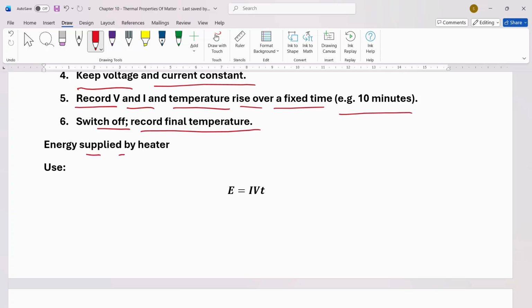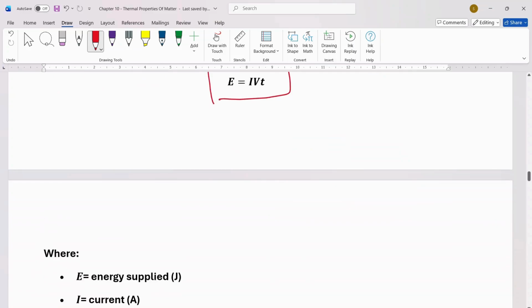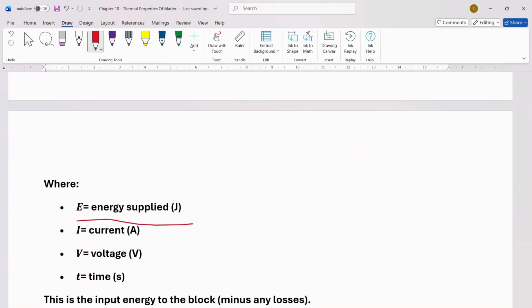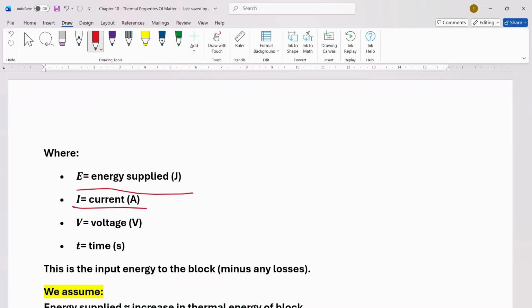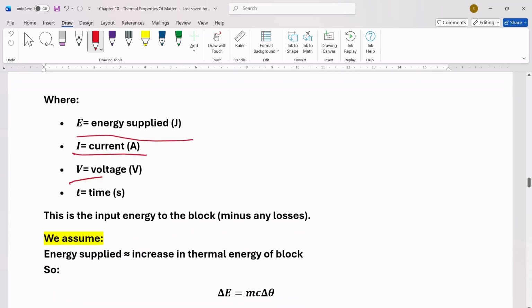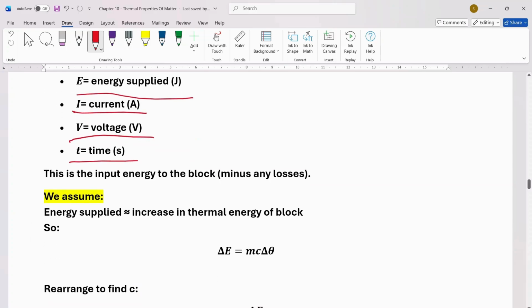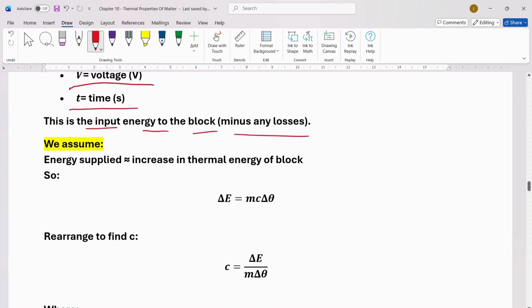Here the energy supplied by the heater uses the equation E equals I times V times T, where E is energy supplied in joules, I is current in amperes, V is voltage in volts, and T is time in seconds. This is the input energy to the block minus any losses.